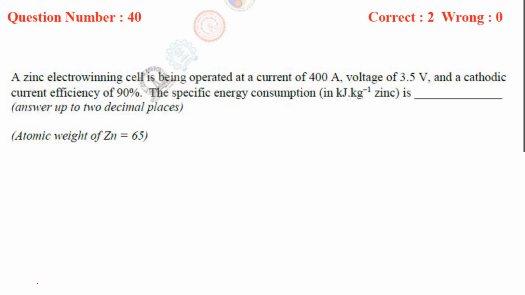So guys, this is an electrowinning process. In electrowinning, we create a solution, extract the ions from it and deposit them on the cathode, and this helps to get the pure metal out from the solution. This is the electrowinning process.